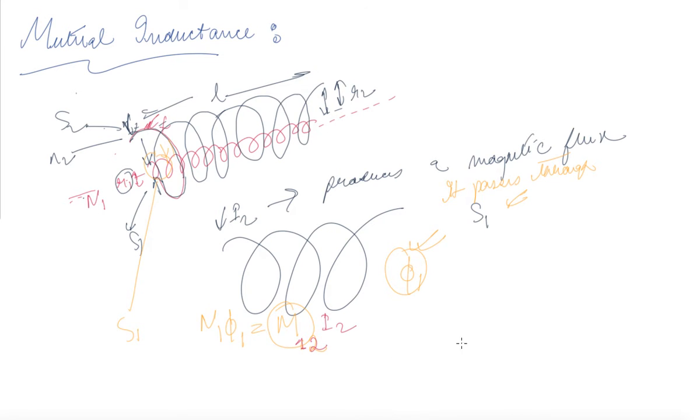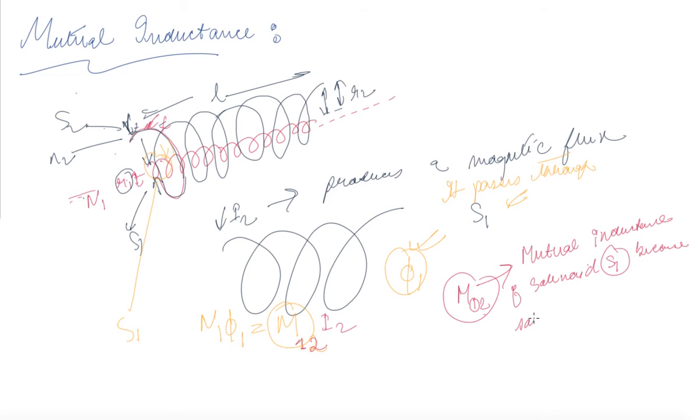If you are getting confused about what M12 is, the first term is the mutual inductance of solenoid S1, that is, what is the inductance of S1 because of solenoid S2. So this is what is given. Now similarly, we can find the other mutual inductance.